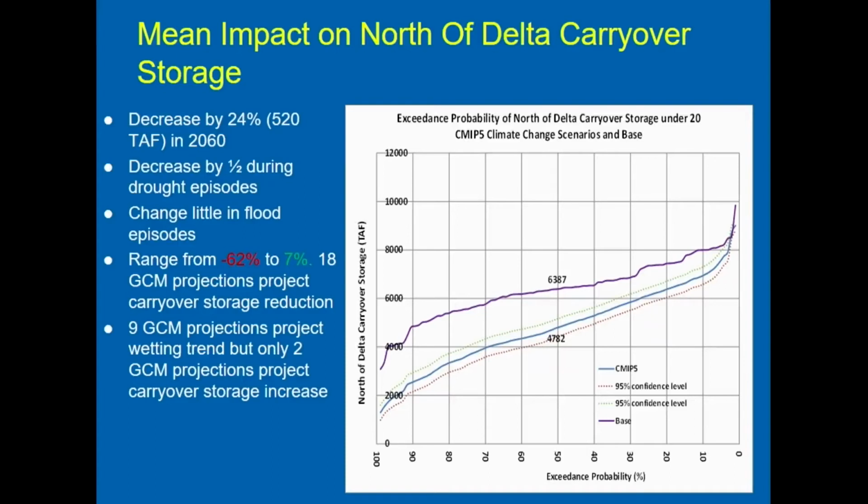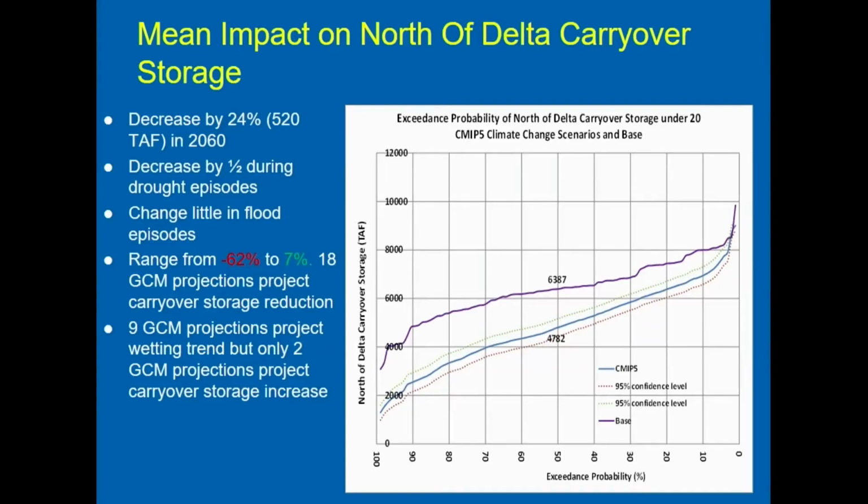The purple line is the base, and the blue line is the climate model projection in the middle of the century. You can see the Delta carryover storage on average decreased by 24% in the middle of the century, and in a drought period, it decreased by half, and changed a little in the flood episode.